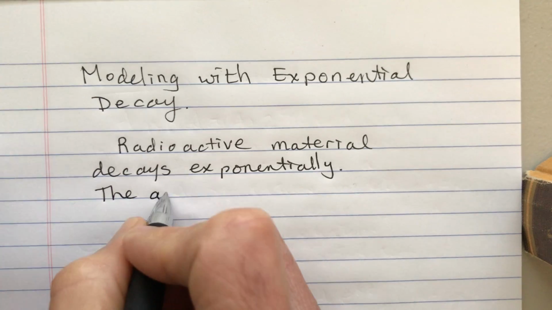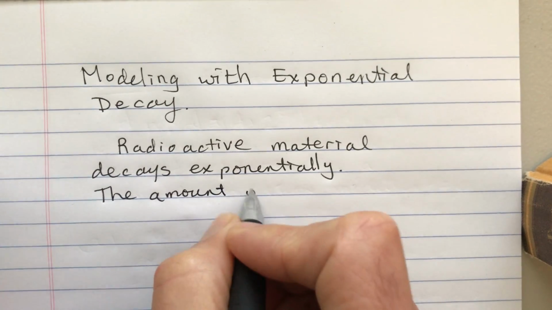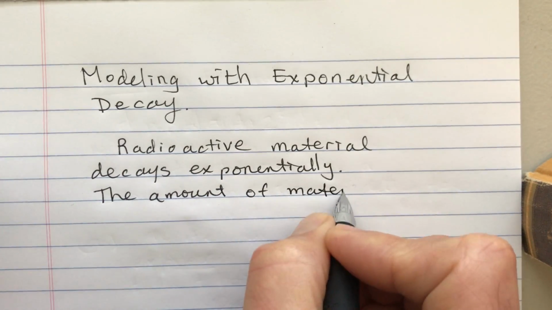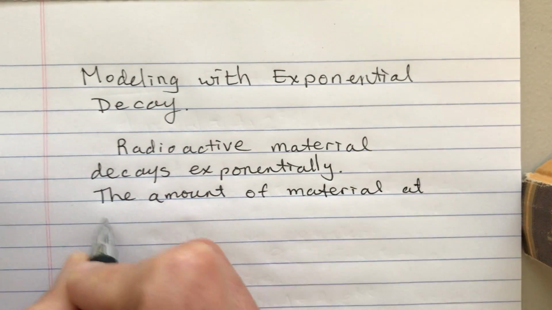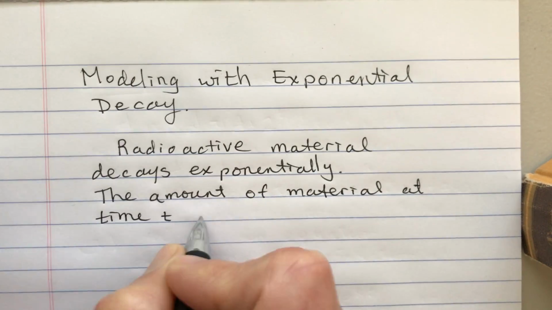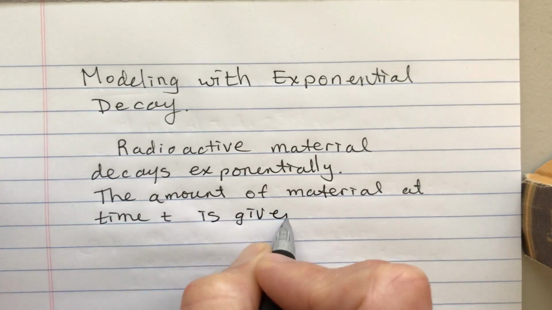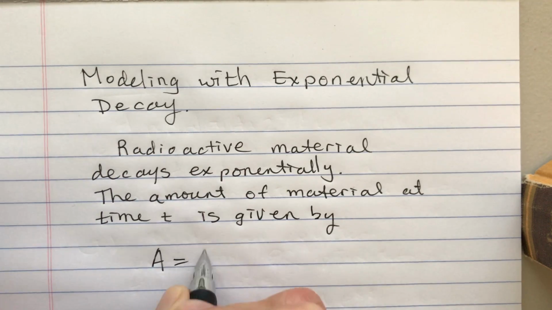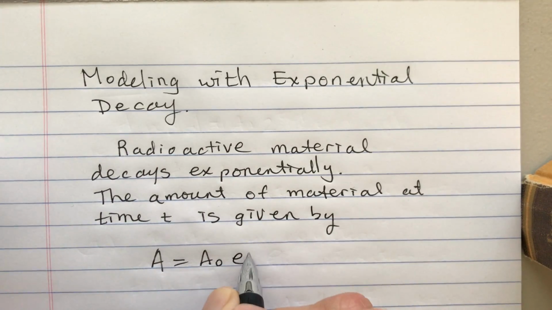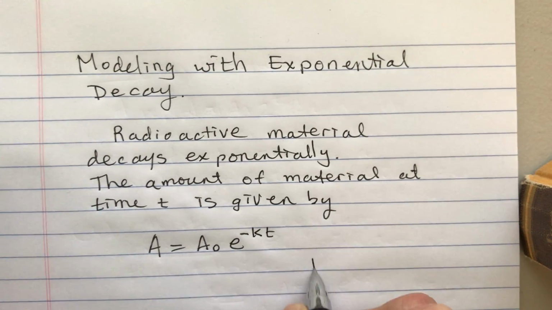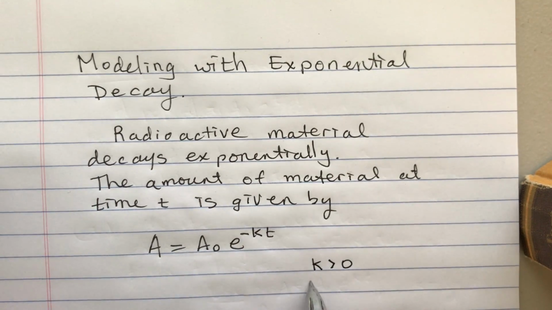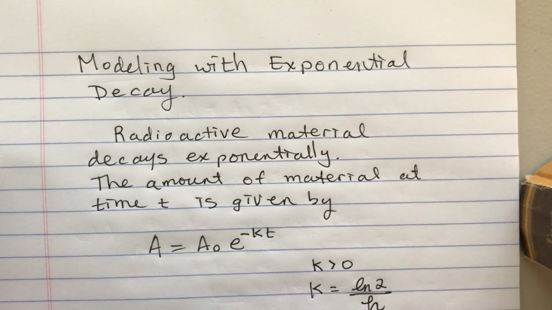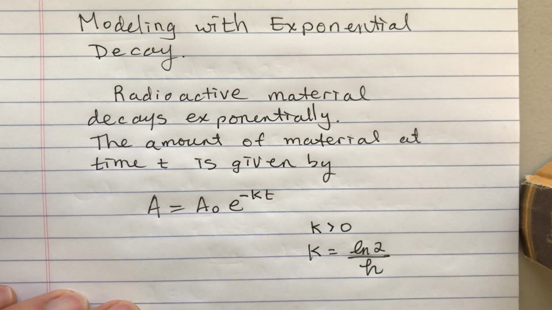The amount of material at time t is given by A equals A0 e to the negative kt, where k is a positive constant, and in fact k is equal to ln2 divided by h. Now what is h? H is the half-life.